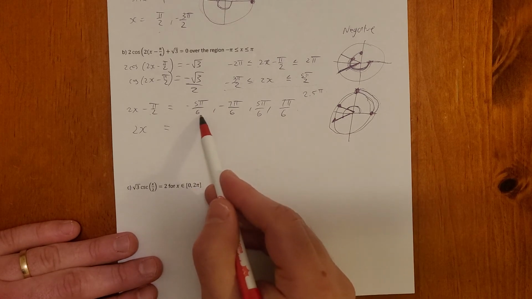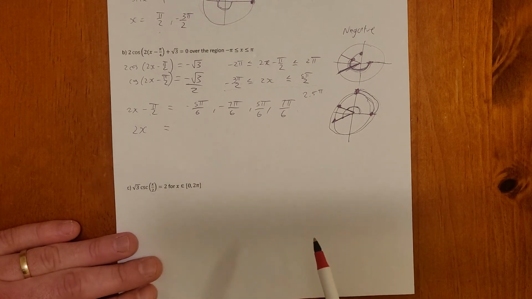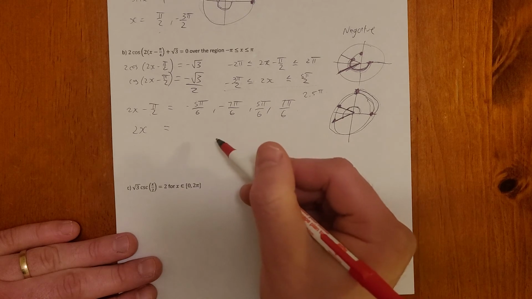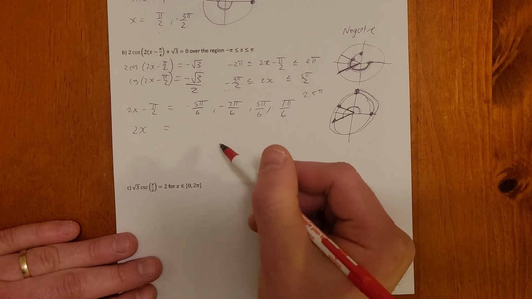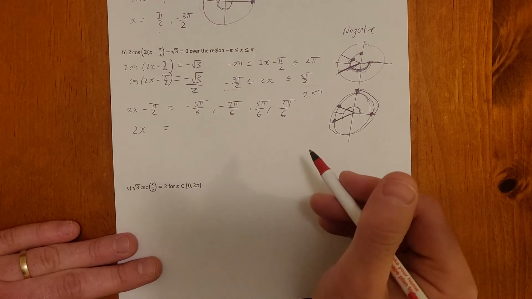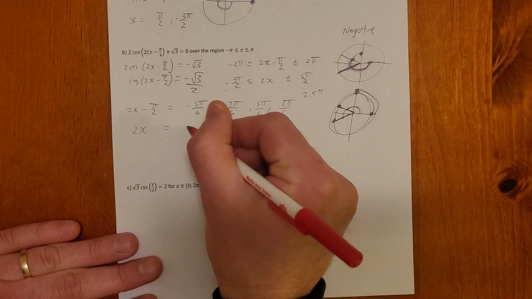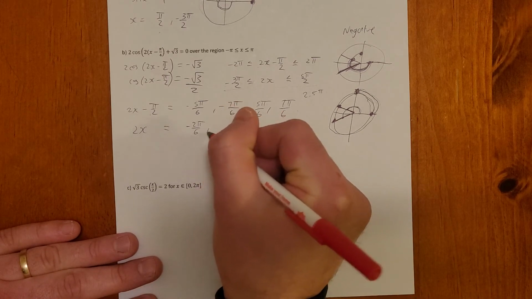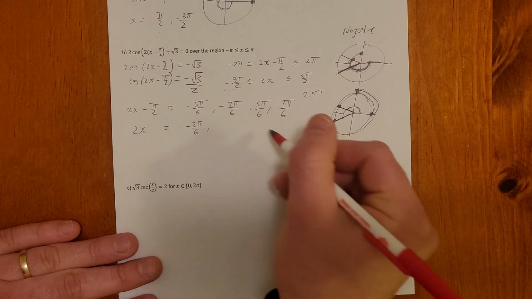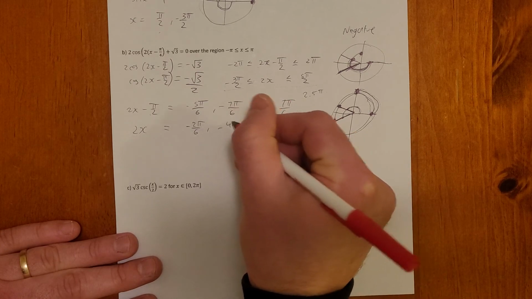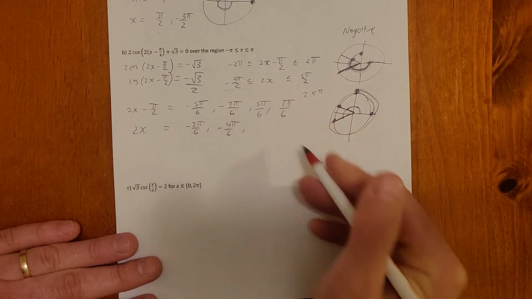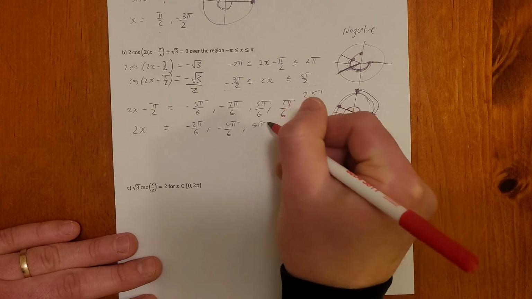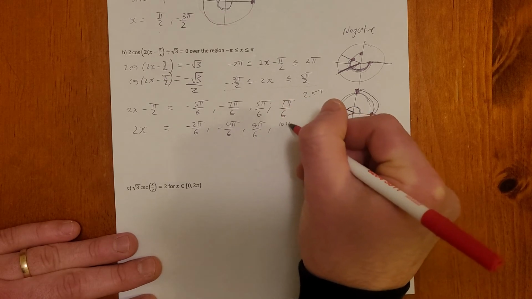We've got minus 5 pi on 6 plus pi on 2. So that's going to be minus 5 pi on 6 plus pi on 2, minus 2 pi on 6, and then we've got minus 4 pi on 6, we'll have 8 pi on 6, and 10 pi on 6.